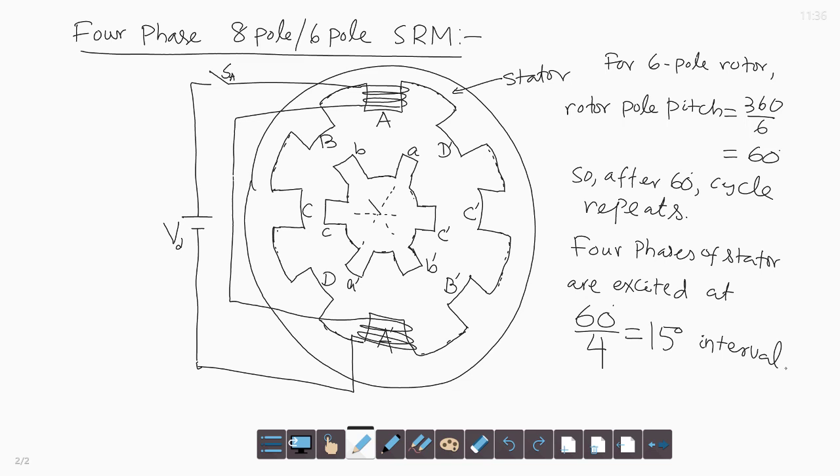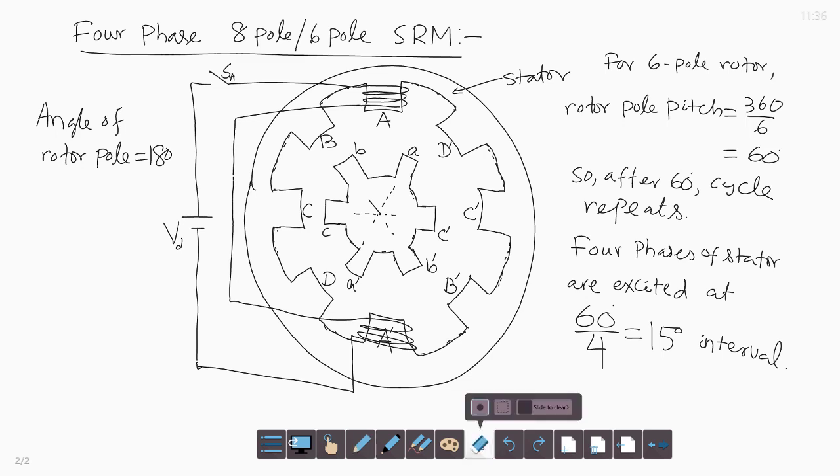So, let us consider the angle of the rotor pole equal to 18 degree.